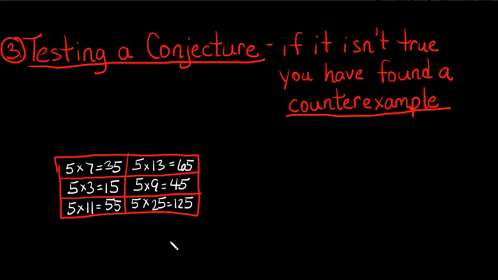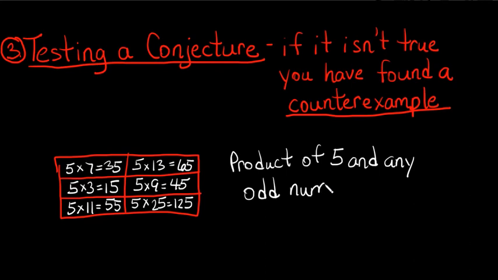The product, which is the word we use for the answer to a multiplication problem, of 5 and any odd number will be odd. That's what I think. Now I would need to test it and see if that's true, and I do believe it is true.